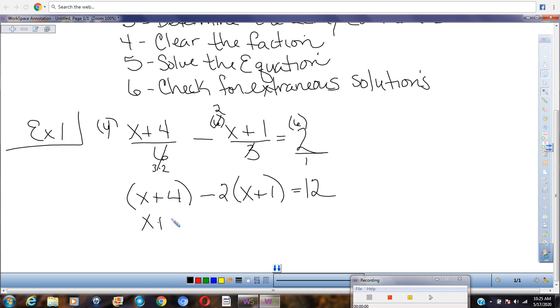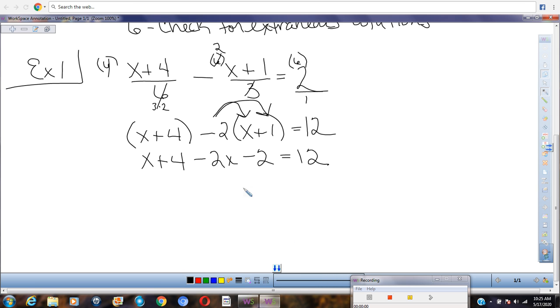We have x plus 4. Here we have a negative 2 in front, so negative 2 times x is negative 2x. Negative 2 times 1 is negative 2, equals 12. Combining like terms, we have an x and a negative 2x for a negative 1x. We have positive 4 and negative 2 for a positive 2, equals 12.